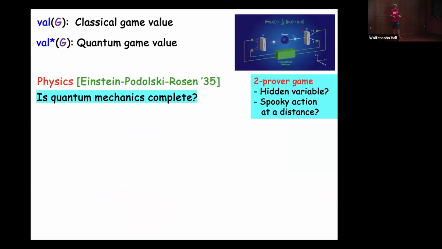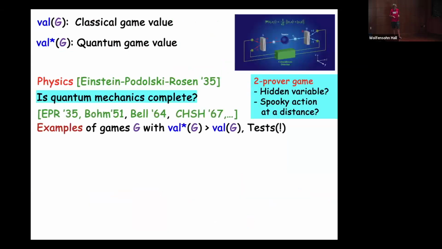And of course, again, famously Bell and then many others looked at a variety of games you know about. I think there were lectures here about specific games where the value star is bigger than the value, namely quantum mechanics was validated, at least at this level.